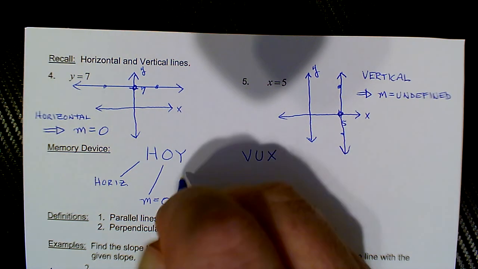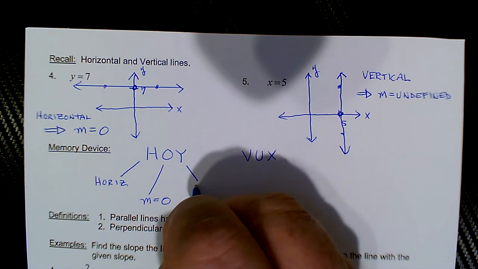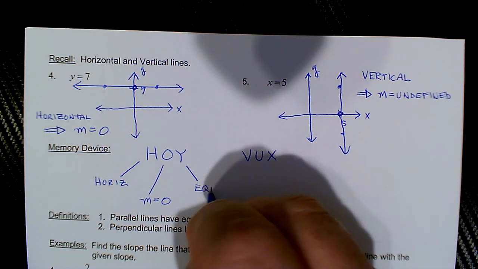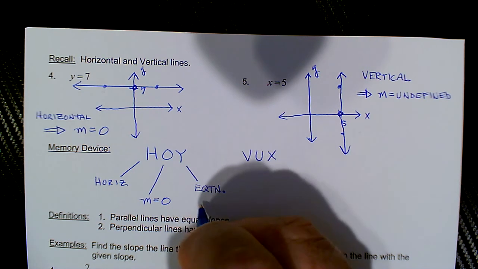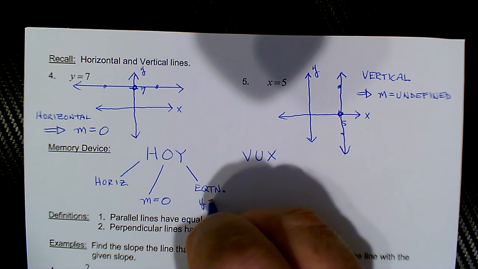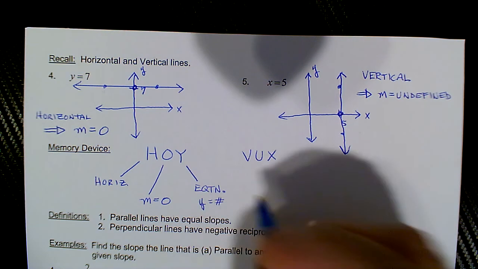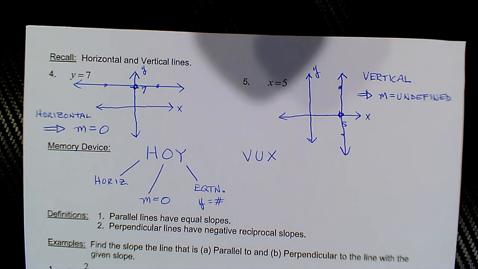So the HOY VUX is helpful because if you know how to use it, it's going to tell you the main characteristics of a horizontal or vertical line. Next, we talk about parallel and perpendicular lines.